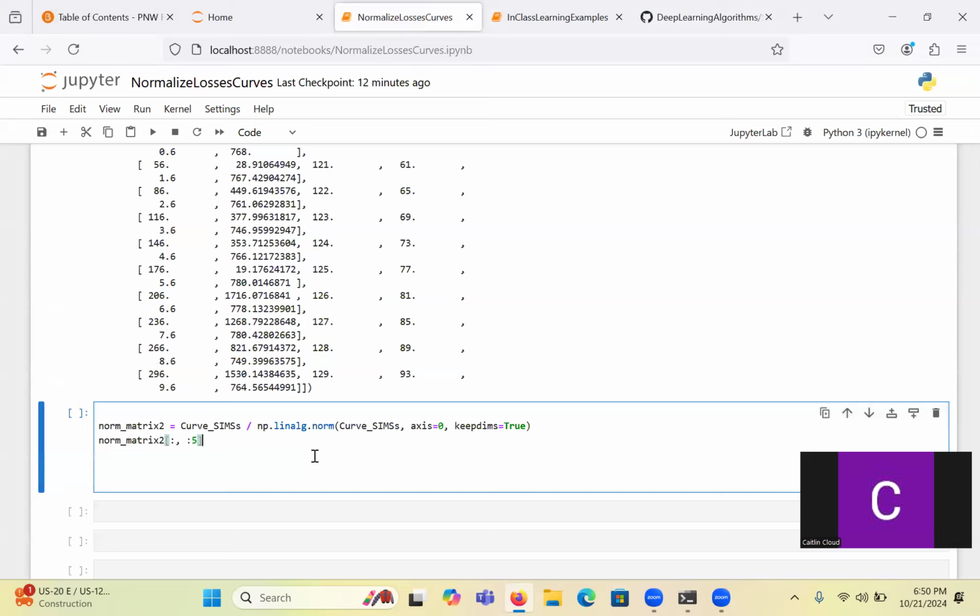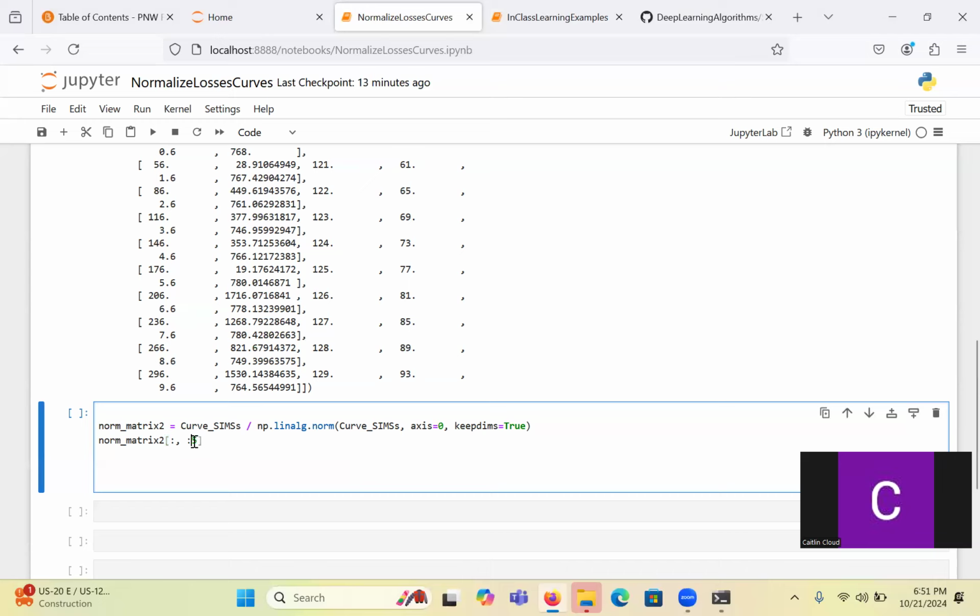I believe in the past I've done standardization examples, so in this example I'm doing normalization. It's also more intuitive in terms of losses, okay? But I'm also going to do the means. There are a lot of ways you can do this. This is a straightforward one: you take curve sims and use NumPy's linalg.norm, and that helps you calculate this.